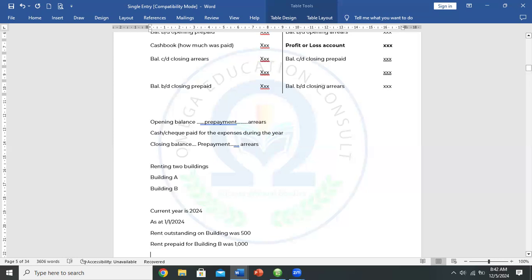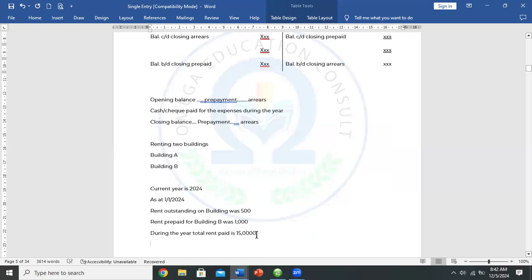Okay. During the year, total rent paid is 15,000 Ghana cedis.